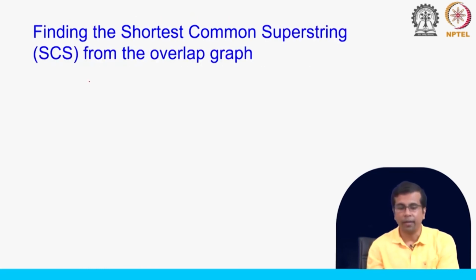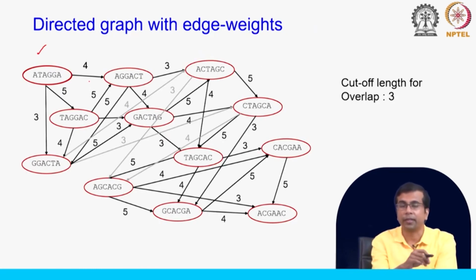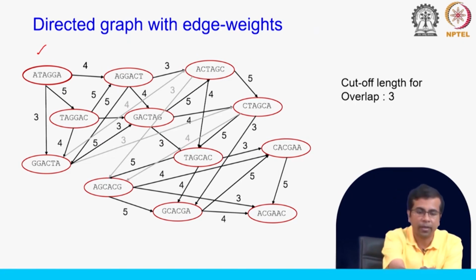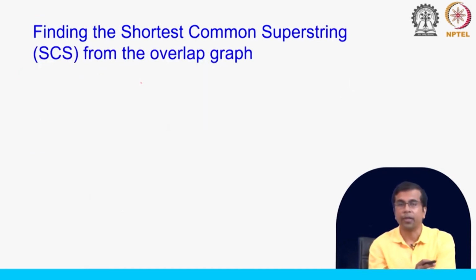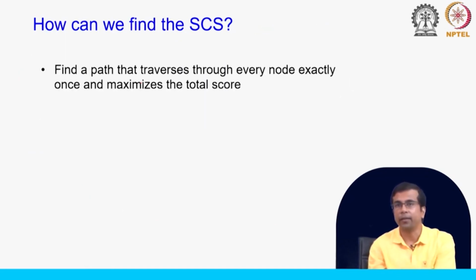You can actually traverse through these graphs. Let us say you start from here, go in this direction, then go in this direction, and so on. You can see there will be multiple such paths. You have so many options at every node, and you can take any of those. What the SCS approach tries is to find a path that traverses through every node exactly once and maximizes the total score.